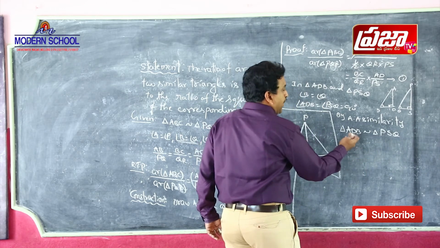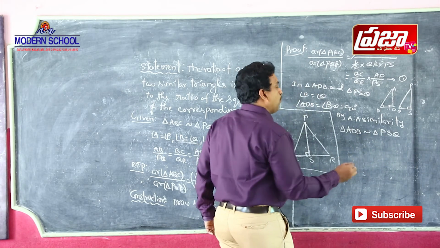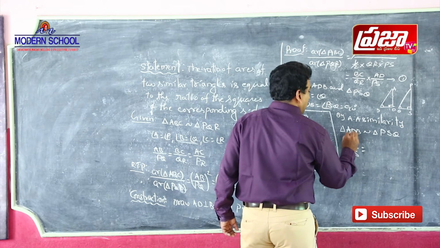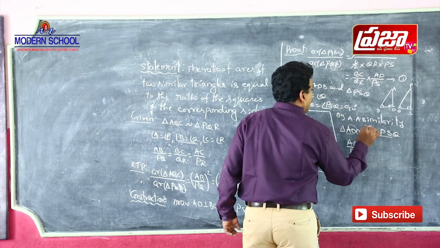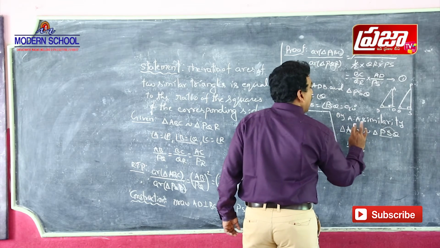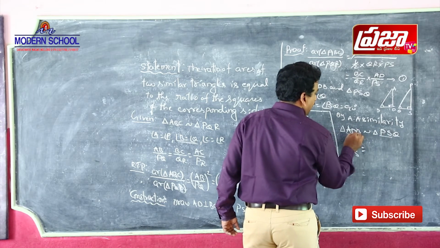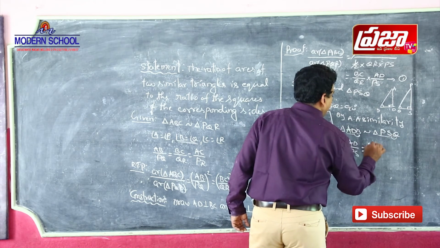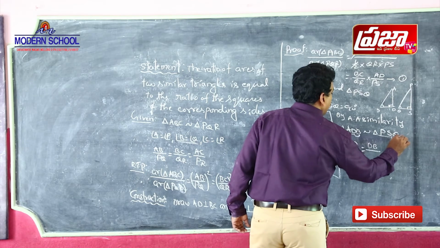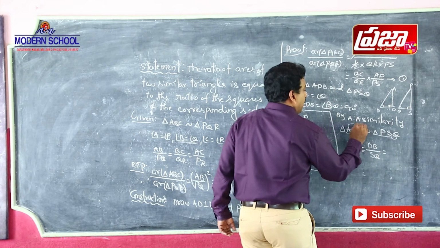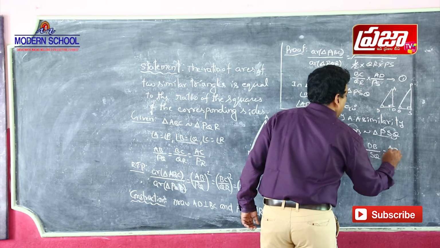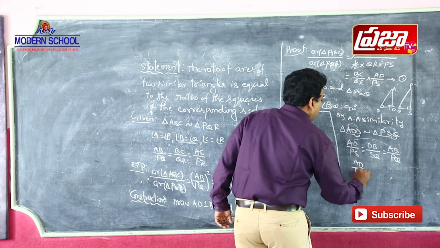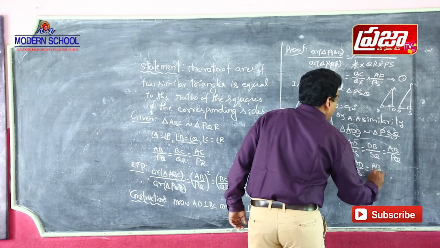So already we know that if two triangles are similar, their corresponding sides are in proportion. So AD by PS is equal to DB by SQ is equal to AB by PQ. Take these two only: AD by PS is equal to AB by PQ.